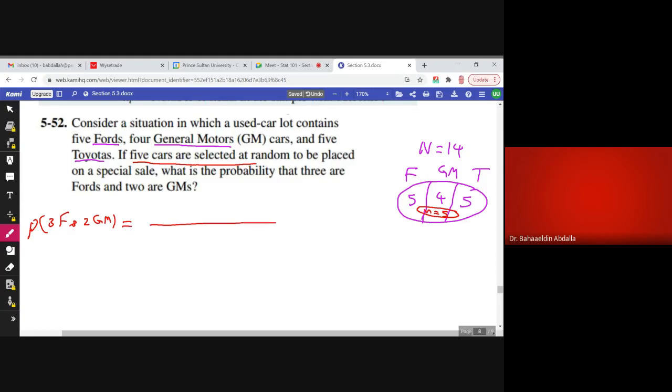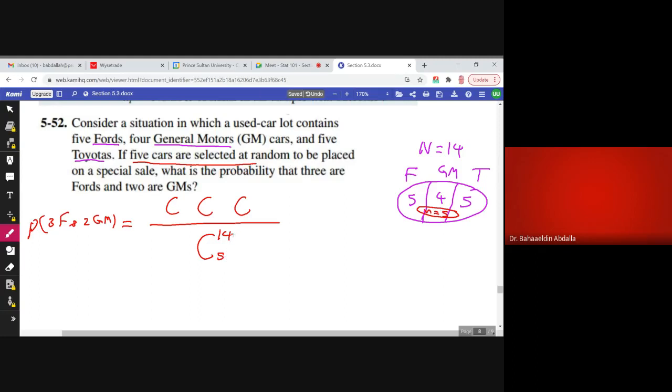Okay, as always, see here now you have 3 different models of cars, brands. You write C, C, C. The total number of cars is 14, and you are selecting 5 in general, the sample size. So this is capital N, this is small n.